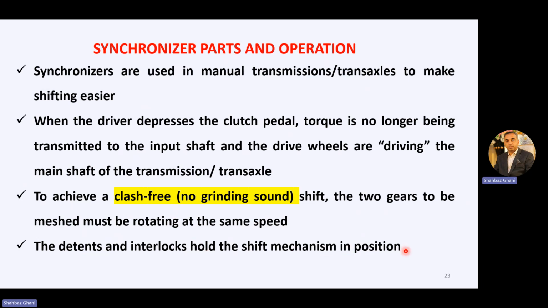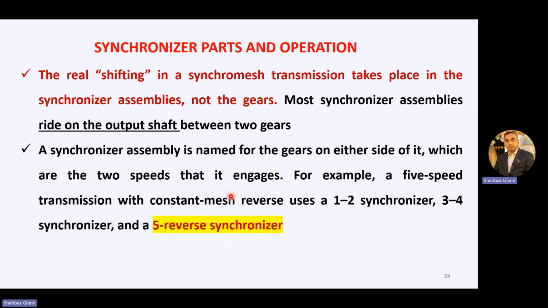We will see this in the next figure. The real shifting in a synchromesh transmission takes place in the synchronizer assembly, not the gear. Remember this. Most synchronizer assemblies ride on the output shaft between the two gears. We will see in the figure.